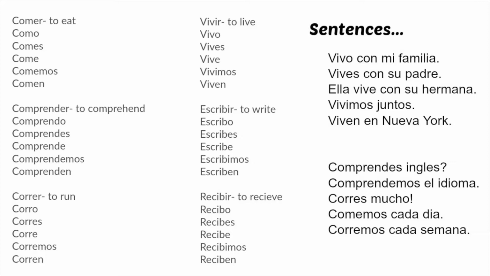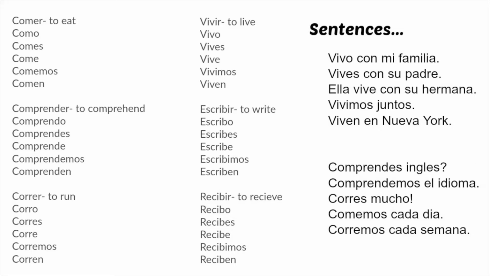Other than that, if you're just starting off a sentence or a conversation, you want to specify ella comprende mucho or él comprende mucho. He comprehends a lot. Okay? But you do not have to specify the pronoun with the other conjugations. So if you want to say comprendemos mucho, we comprehend a lot, that's fine. If you want to say nosotros comprendemos mucho, that's fine too, but you don't have to say nosotros, okay?